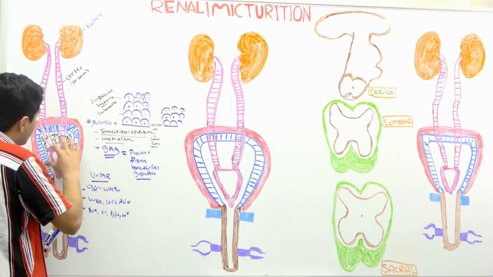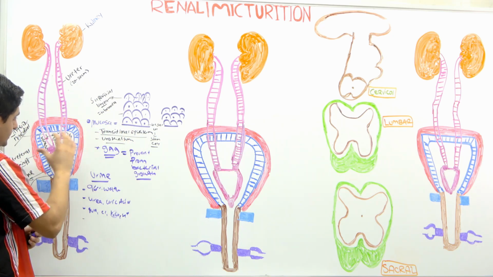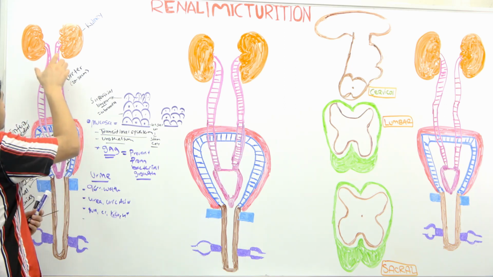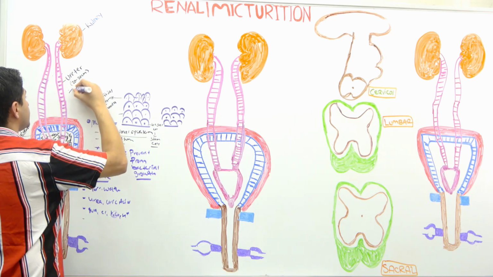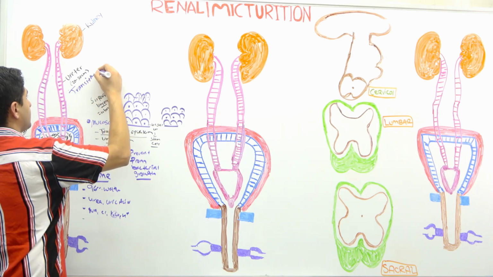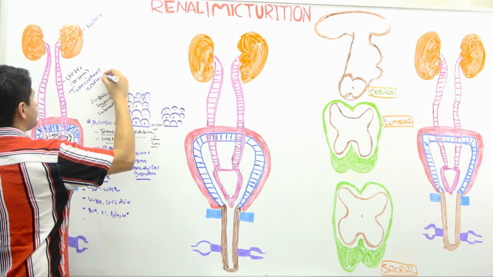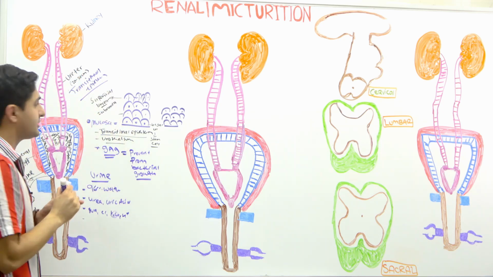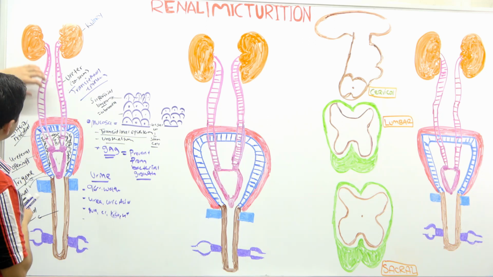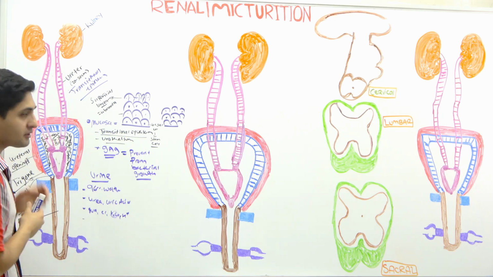Not only does the urinary bladder have transitional epithelium, the ureter also consists of transitional epithelium. These are just muscular tubes, muscular ducts that bring urine from your kidney to the urinary bladder.